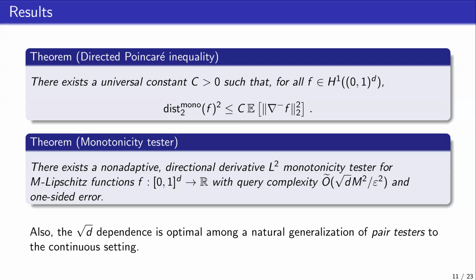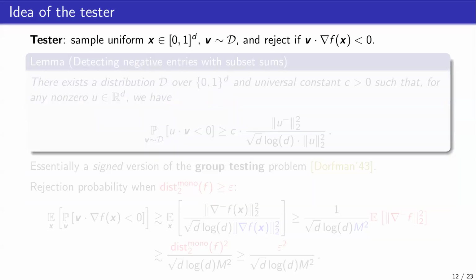Okay, so this is the result, and let me start by giving you an idea of what this tester does, and then I'll give you an intuition, not a foolproof one, for why this tester works if you assume the Poincaré inequality. The tester works as follows. It is going to simply sample a uniform point x in the solid cube, and then it's going to choose this direction v for the directional derivative query according to some distribution D that I'm going to tell you about.